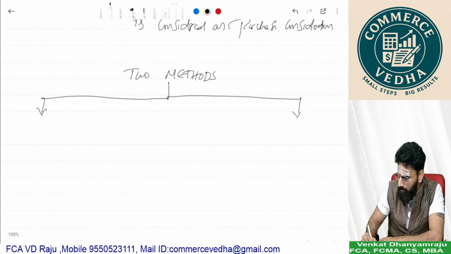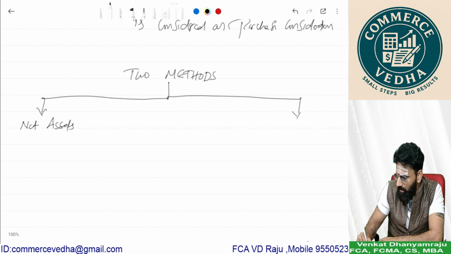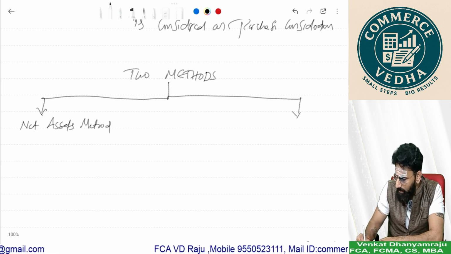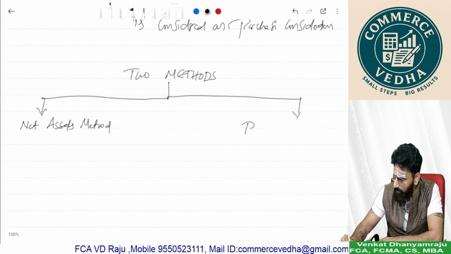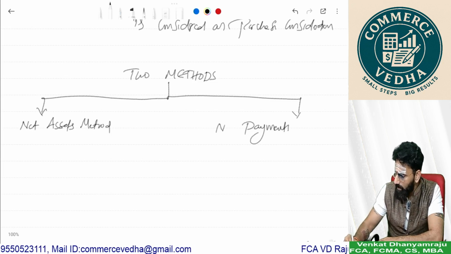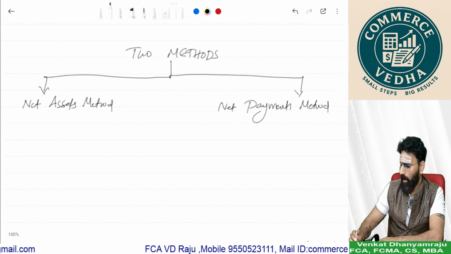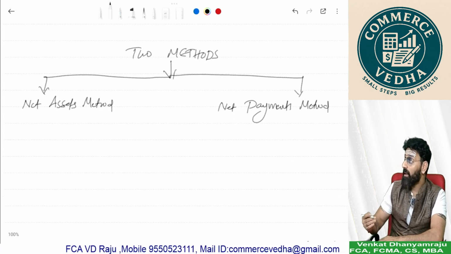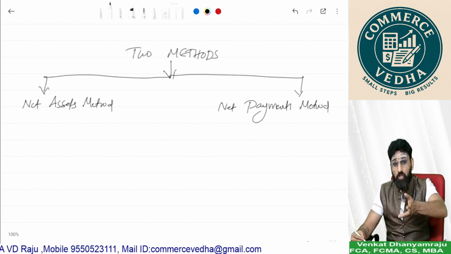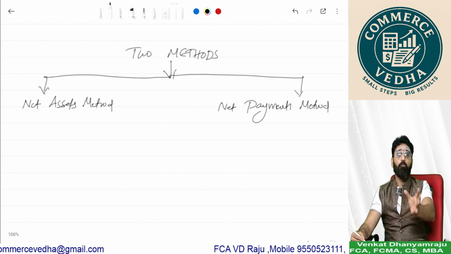Number one is net assets method. Number two is net payments method. Now, why two methods? How can I identify which method is to be applied in the question for the solution?